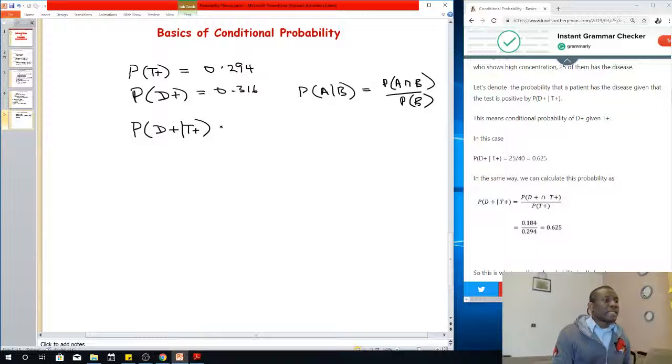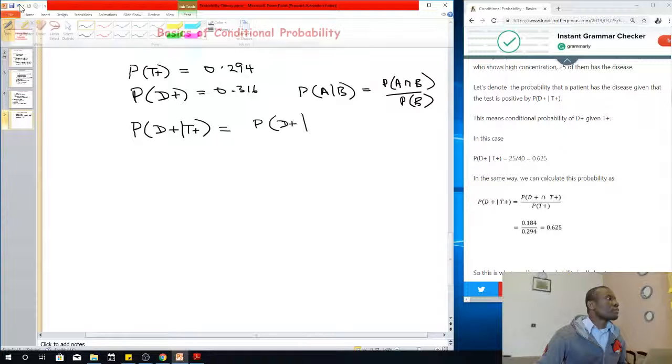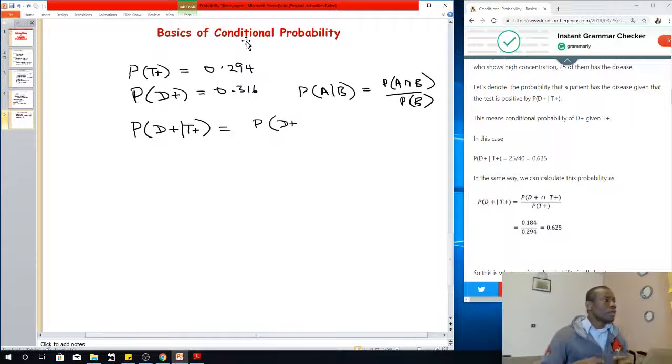So using the formula that we have here, we can write it as the probability of D plus, right? Because following from this place, probability of the disease being there given T plus. Sorry, I'm making a mistake here. Alright, so let's continue.